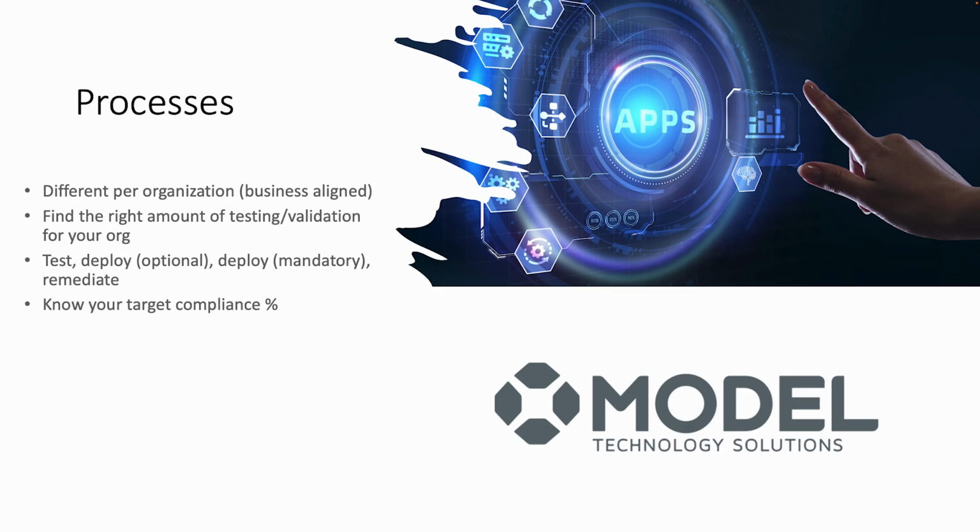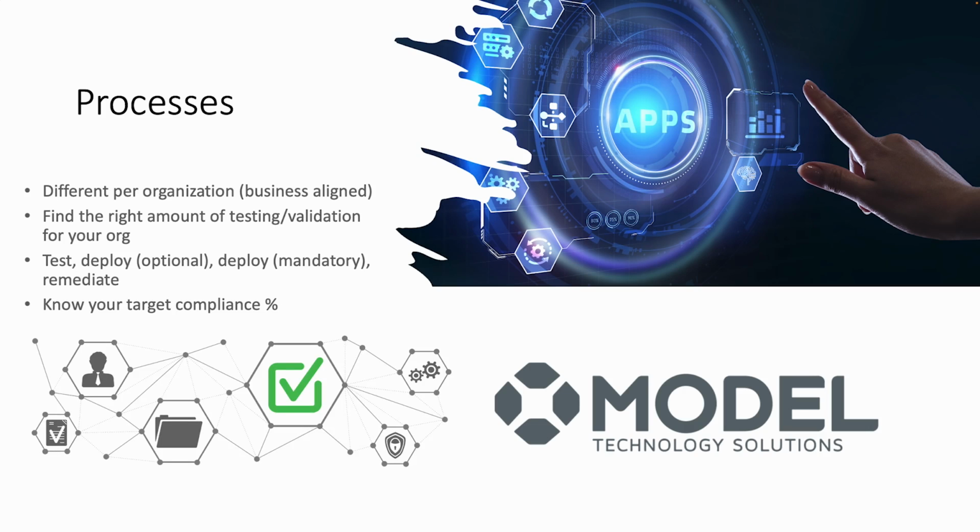But generally speaking, having the processes defined is a piece of the puzzle. And those processes can be expedited for 0-day patches, right? So nothing should come as a surprise when a 0-day patch needs to go out. More so that you're just doing your normal processes in a faster manner with a different time frame.